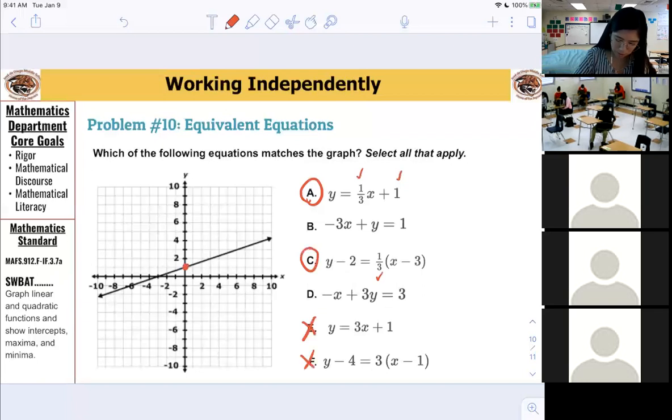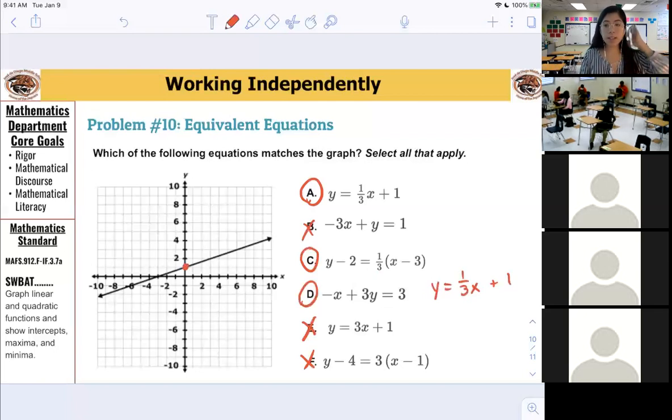So F is out. And then between the ones that have standard form, it's going to be D. When you solve D and you get y by itself, it gives you y equals 1/3 x plus 1. So you end up with the correct answer. All right, so A, C, and D were the correct answers for number 10.